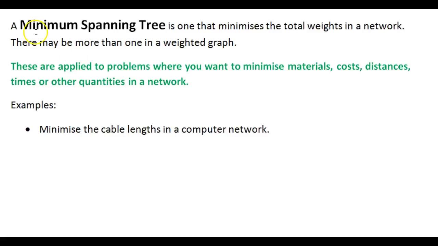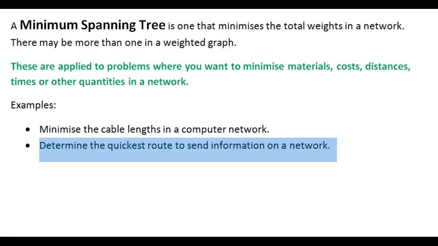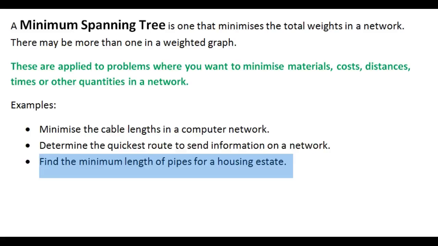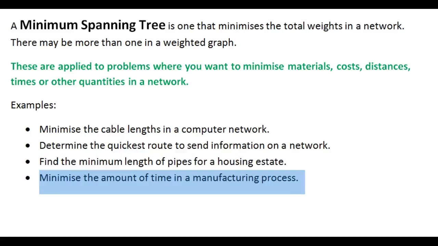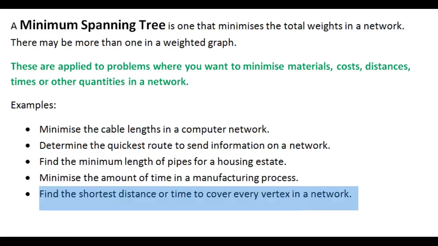Examples include minimize the cable lengths in a network of a computer system, determine the quickest route to send information on a network, find the minimum length of pipes for a housing estate, minimize the amount of time in a manufacturing process, find the shortest distance or time to cover every vertex in a network, and there are many other applications.